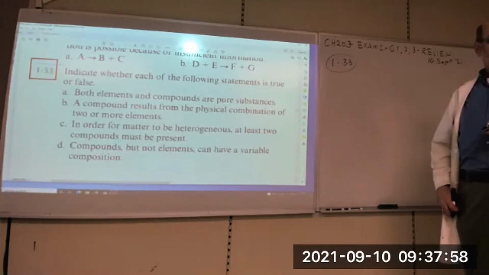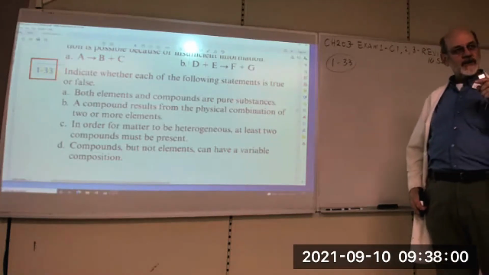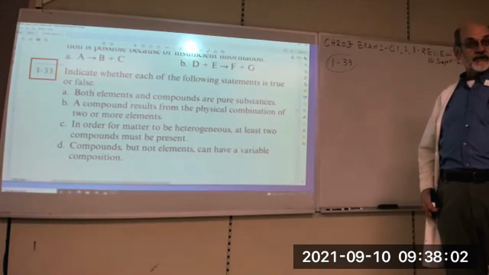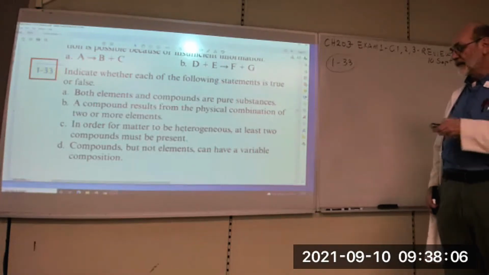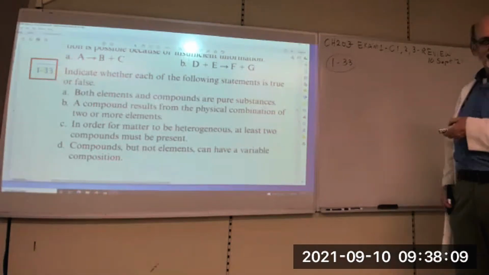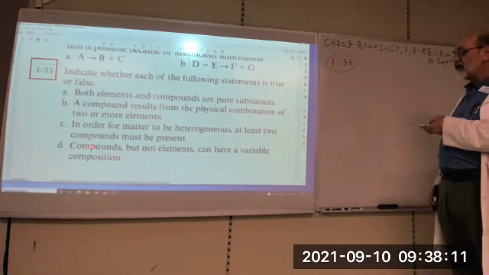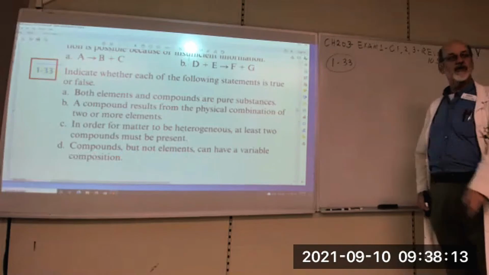Compounds, but not elements, can have a variable composition. That's true. When you speak of it in those terms, elements do not have a variable composition because there's only one atom in there. So compounds, as opposed to elements, can have a variable composition.